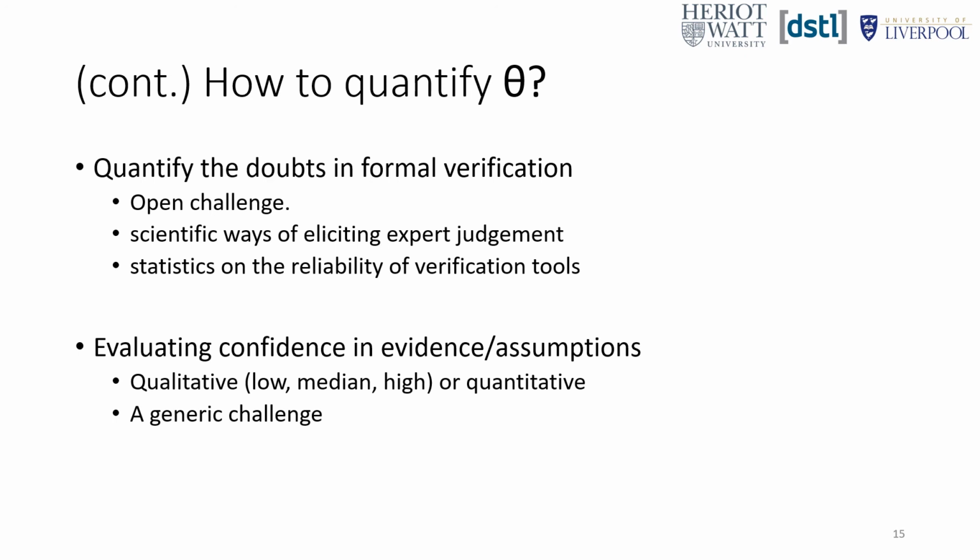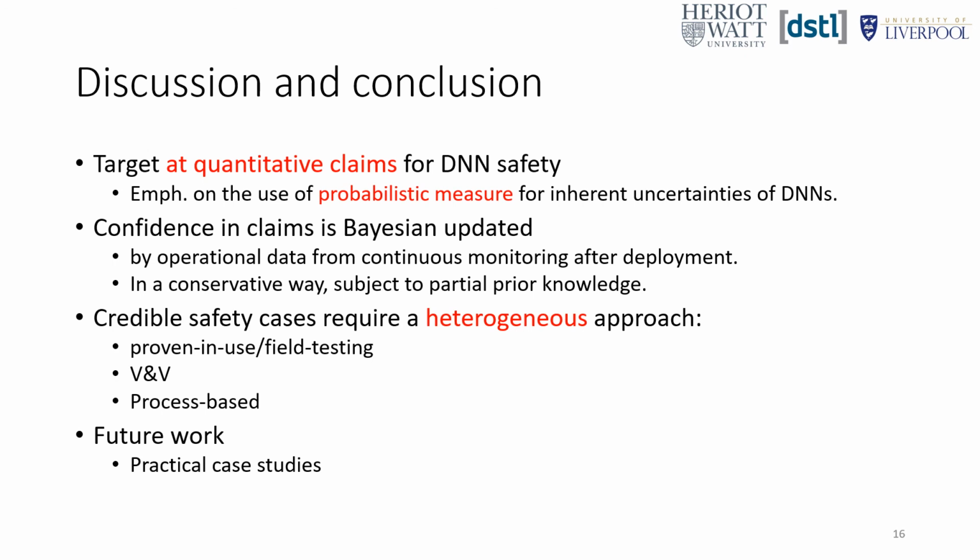However, we believe the evaluation of confidence in the evidence or assumptions in safety case arguments is not unique to our approach. Rather, it is a generic challenge for all safety case approaches, in which you need to do the evaluation either in a qualitative or a quantitative way. To conclude, in this work, we target quantitative high-level claims for deep neural network safety, and we emphasize the use of probabilistic measures to capture the inherent uncertainties of deep neural networks.